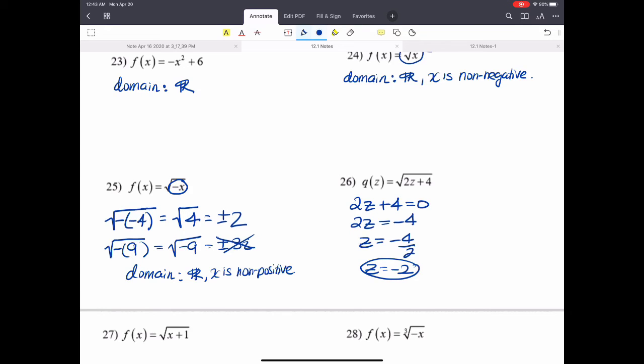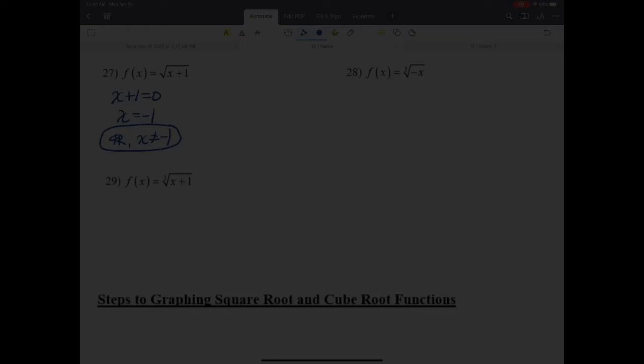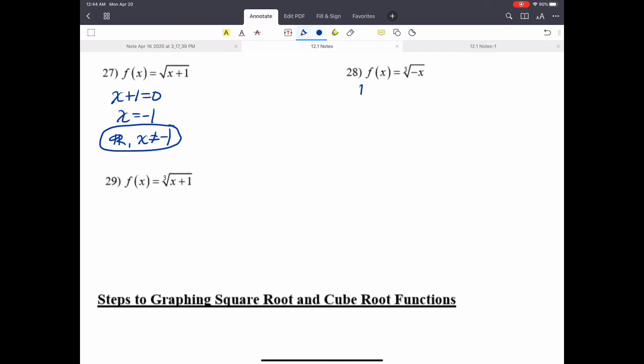And we're saying that the domain is all reals except, oops, not x, z cannot equal -2. For number 27, we're going to set that equal to 0, and there's your constraint there. So this is all reals except where x does not equal -1. That's our domain. Our domain for this one is all reals. And same thing for number 29, because that's a cube function.